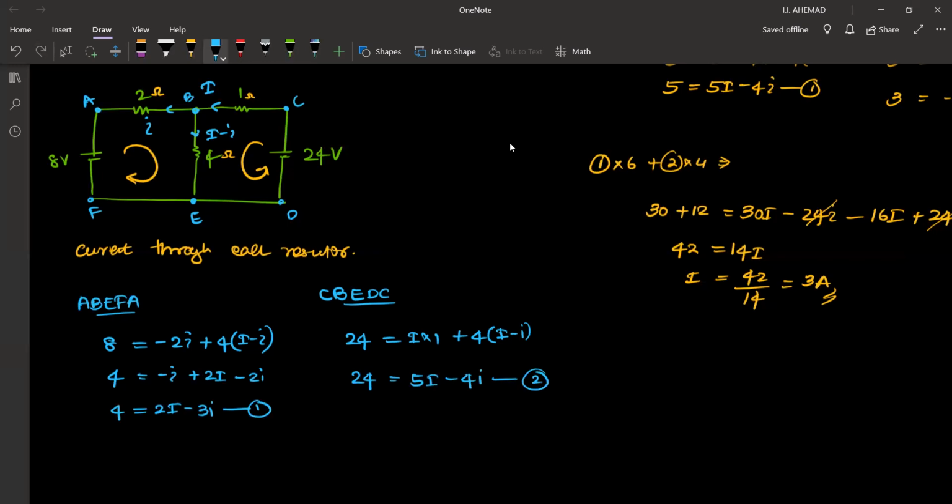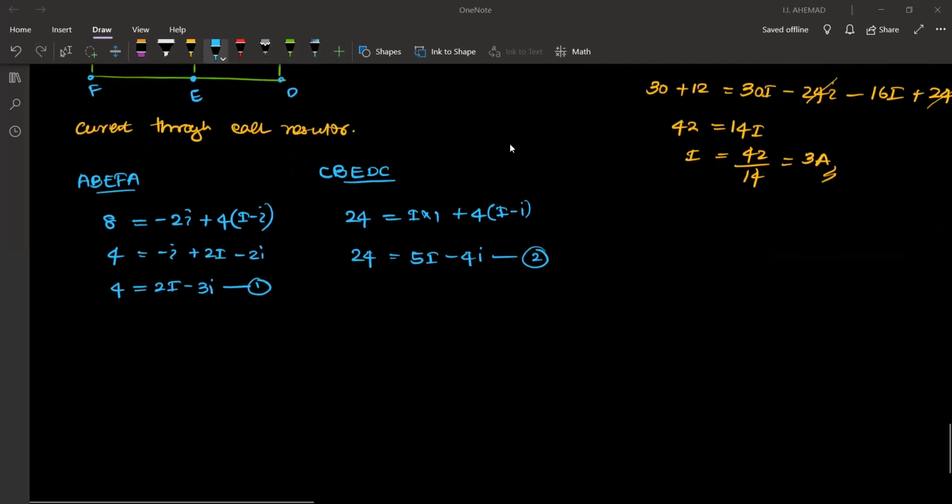Both of you, have you all got these two equations? Okay, so solve.